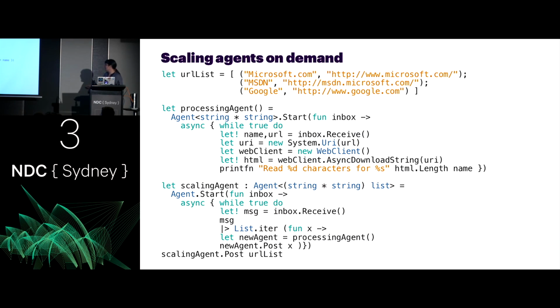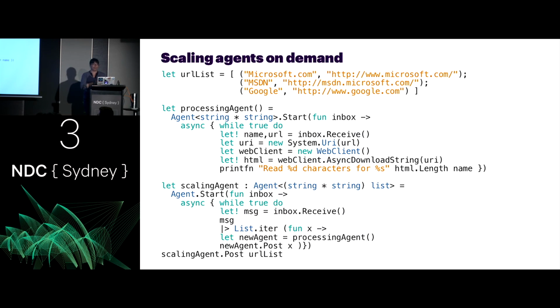And it's a lot easier to automatically spin this up. And that's an important feature, again, of reactive services. And then from here, we just post the entire list to the scaling agent, which handles the scaling for us by calling each one of the processing agents.